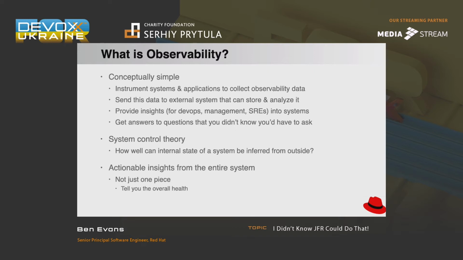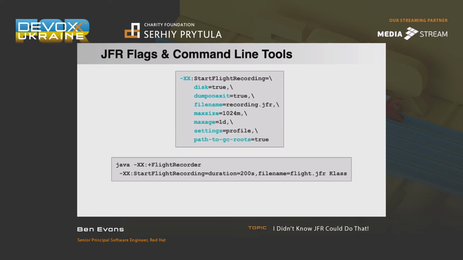And I want to see how JFR starts to fit into that, and some of the context which goes into it. One of the ways of switching JFR on is by using a set of flags. These will be passed to a Java process at startup. So you can set up a bunch of different options on the flight recording flag.